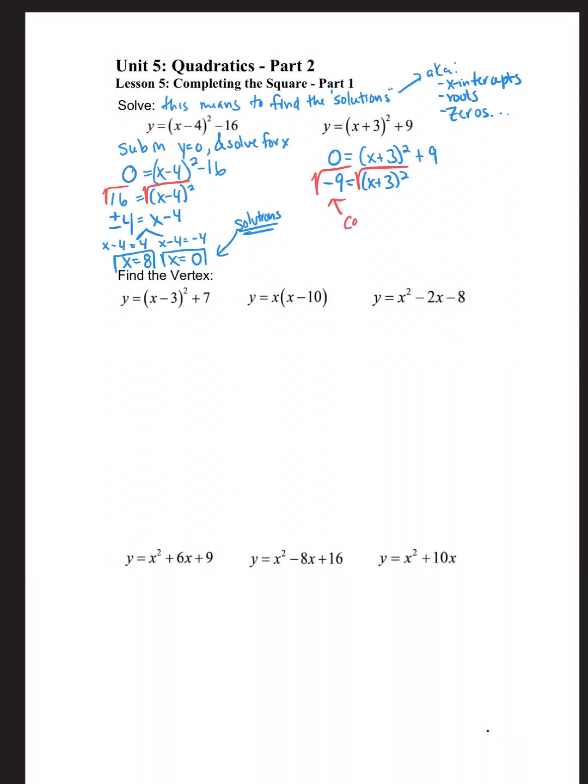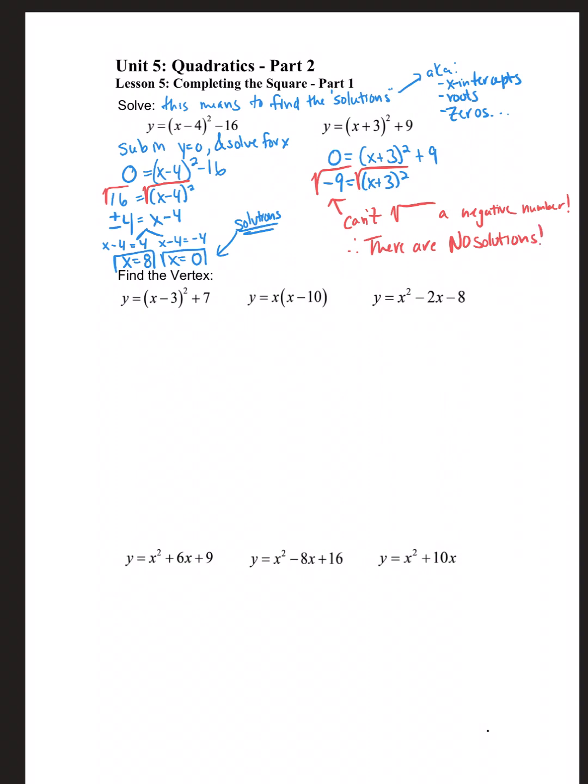So you can't square root a negative number. Okay, so we could say, therefore, there are no solutions.